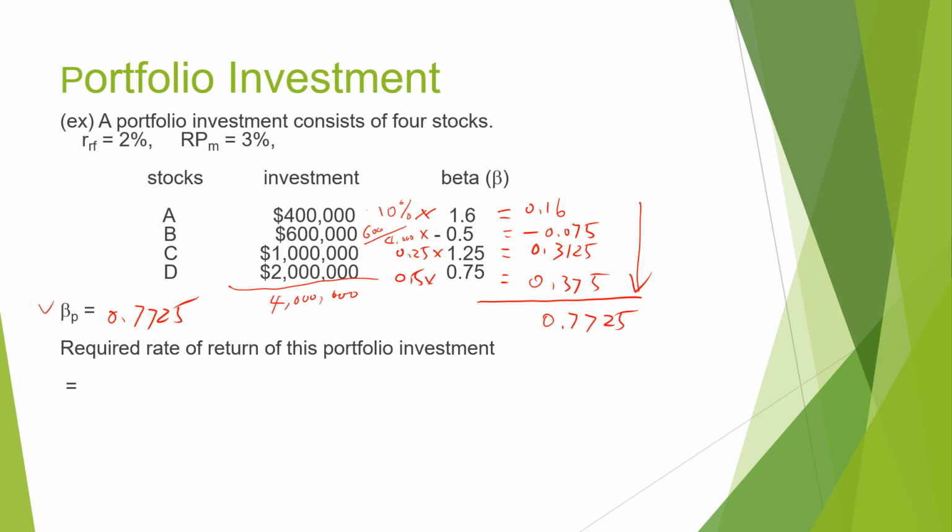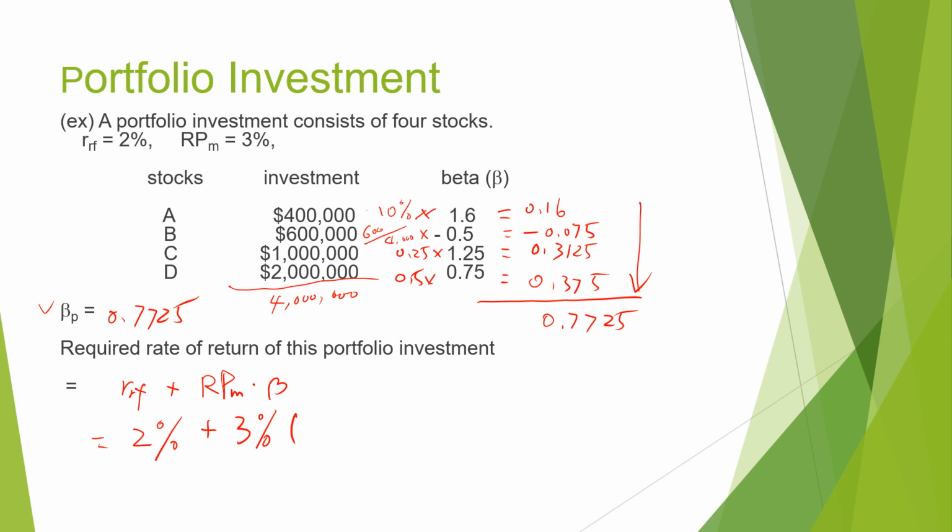What is the required rate of return of this portfolio investment? This is required rate of return of risk-free rate plus risk premium of market times beta, right? So risk-free rate of return is 2% given here, plus market risk premium is 3% times beta.